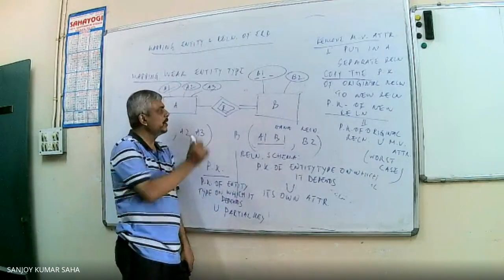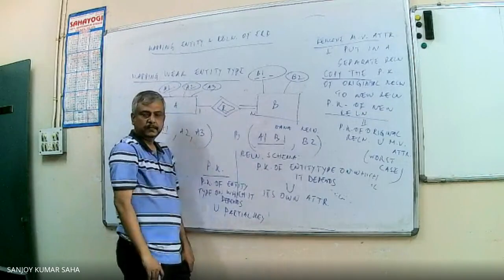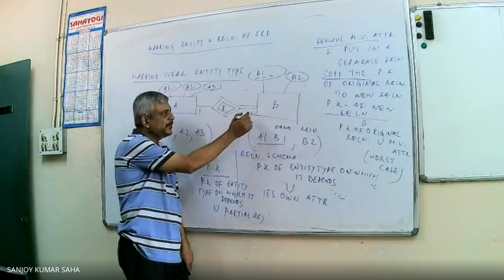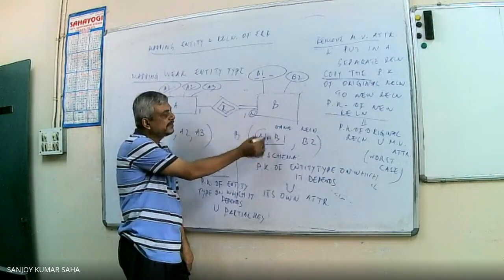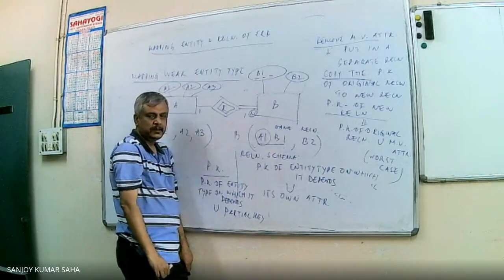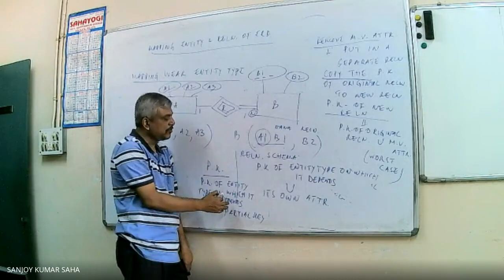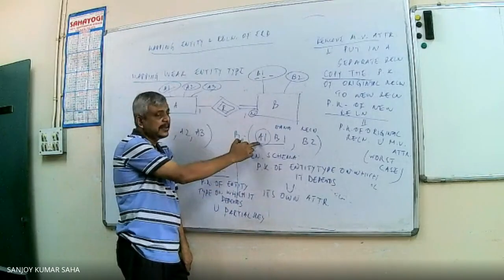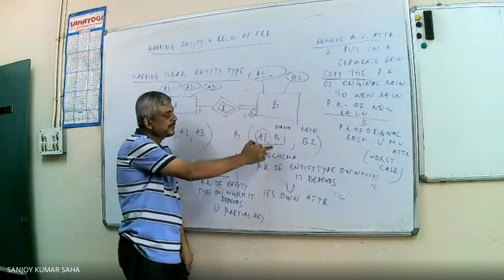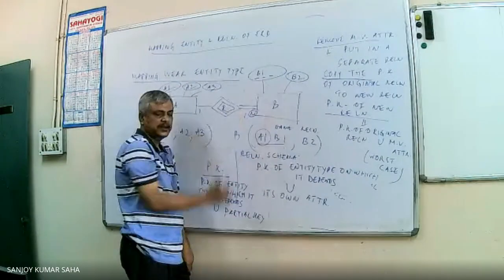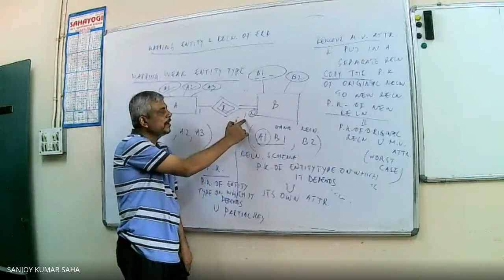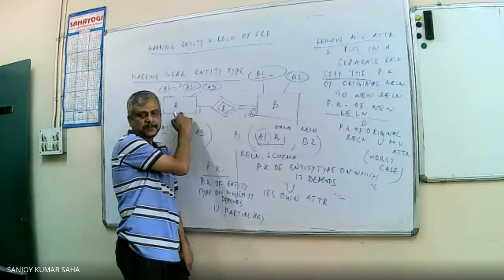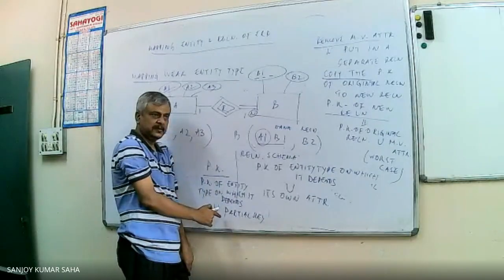That is the most general one, if I assume this is 1 to n. If it is not 1 to n, if it is 1 to 1, then only this thing is sufficient. But this is the worst case scenario: the primary key of the thing that I have copied, union the partial key. This is the partial key. But if it is 1 to 1, as this one can have only one instance, then this is good enough. But this is the worst case.